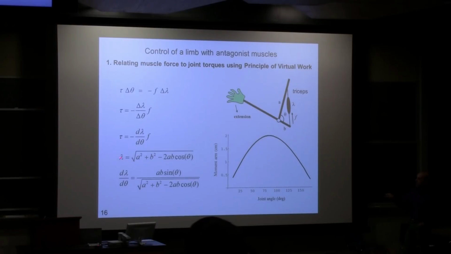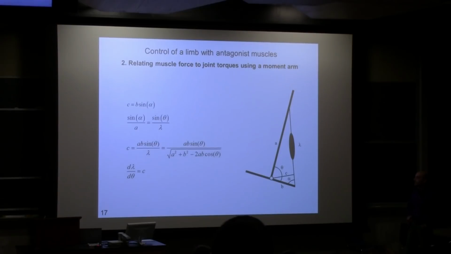We have a quadratic, we have a square root, we take the derivative of that, and so we get this function to the 1/2, so the derivative of that with respect to theta is to minus 1/2, so it goes in the denominator. Then we have this term in the square root itself, where the derivative of a cosine is a sine. So this is our derivative. Now why is this useful? Because this is what we're going to use to relate force with torque.